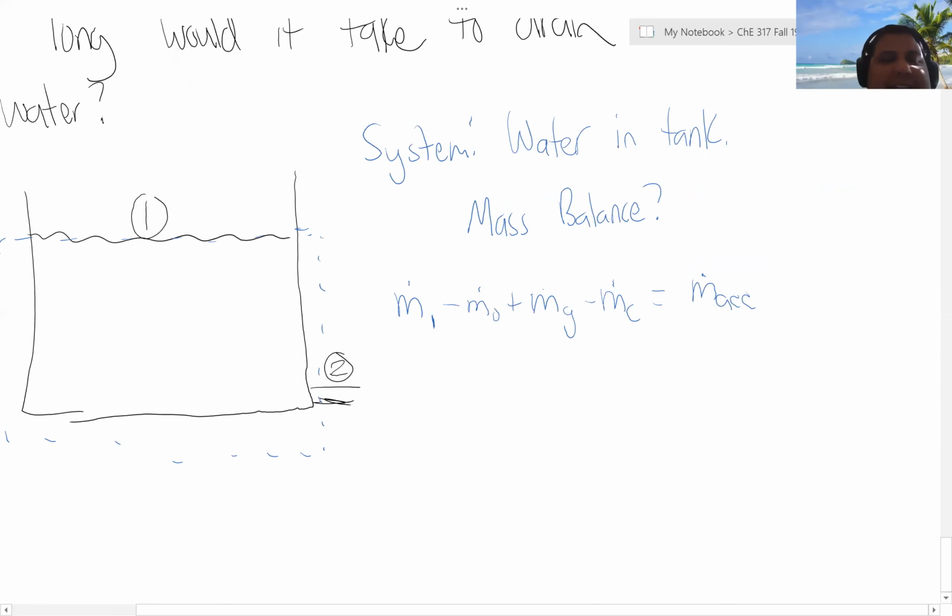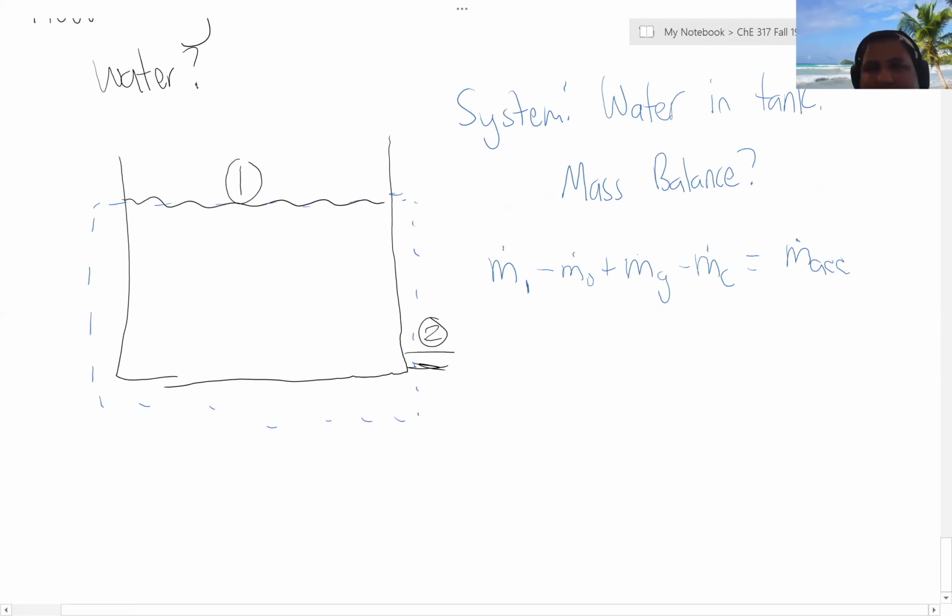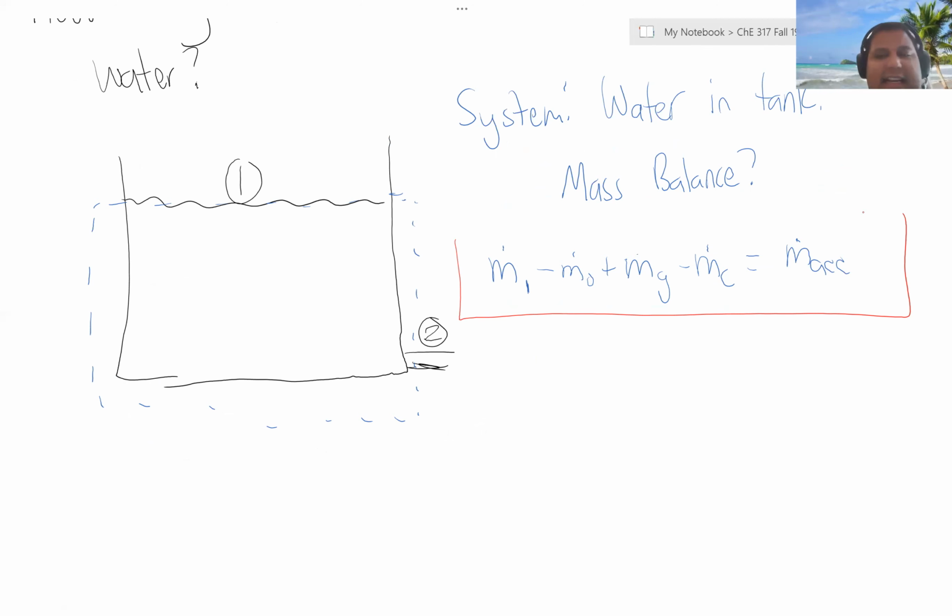So instead of me just answering it and fishing for it, I'm going to shoot you all into breakouts in a second, but I want you to figure out how we can simplify this mass balance, as well as with the terms that remain, how we can define each term such that we end up with a function of height of the tank versus time.